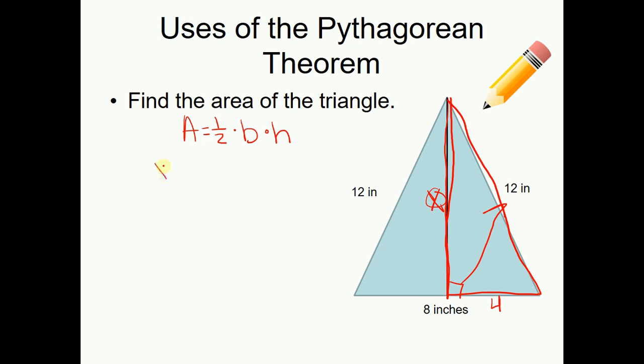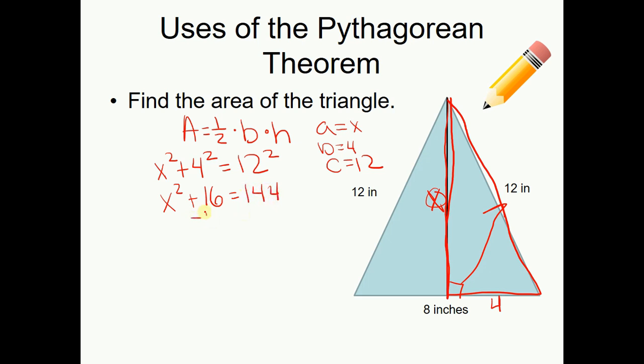Let's go x squared plus 4 squared equals 12 squared, using my A of x, B is 4, and C is 12. So I got x squared plus 16 equals 144. Let's subtract 16, shall we, to get x squared alone. So 144 minus 16, that is 128.